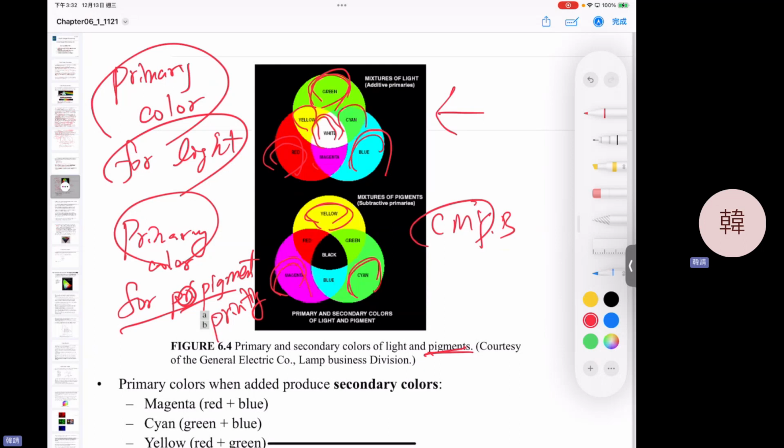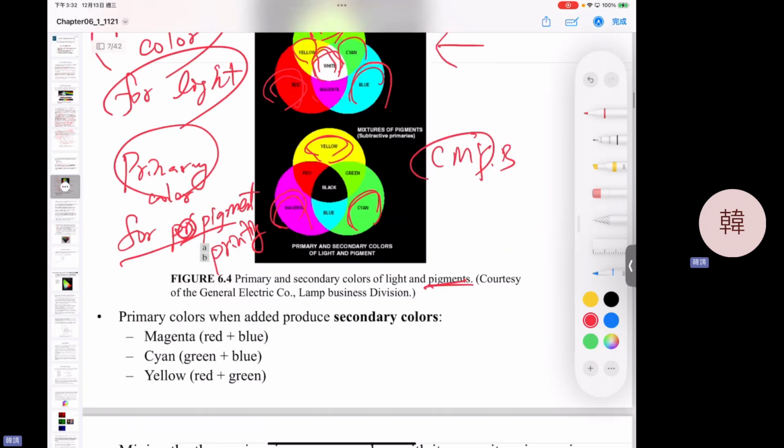You are drawing and you put a lot of color together, it becomes black, not white. The white is for the light source. So remember, your primary color system is different depending on whether you are looking at light or pigment.